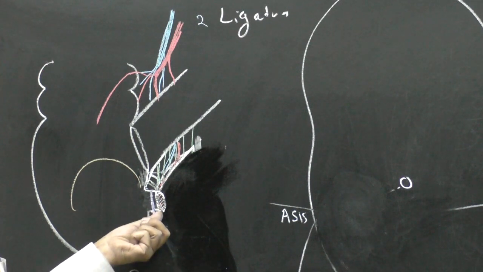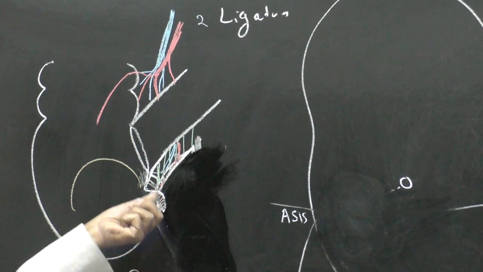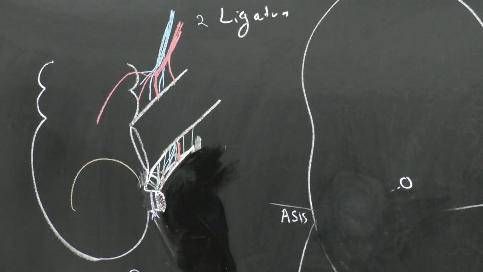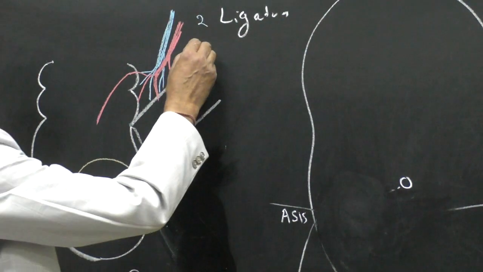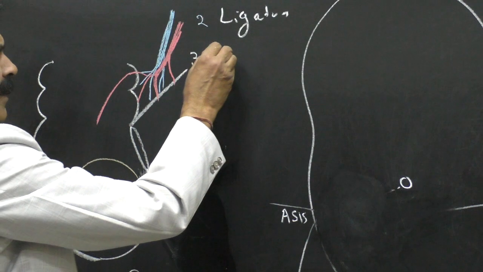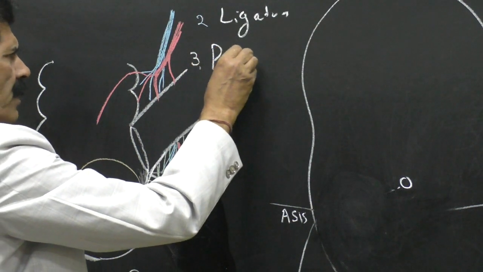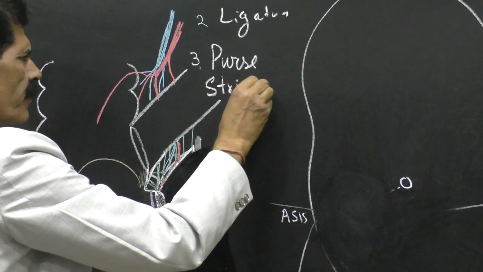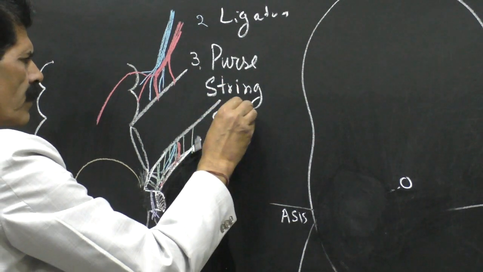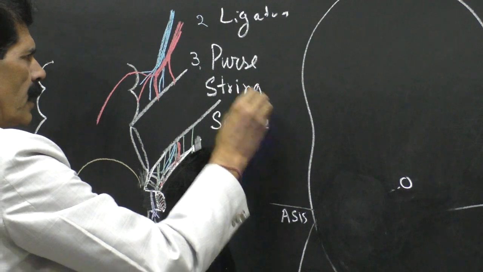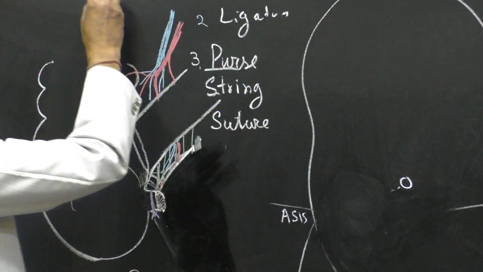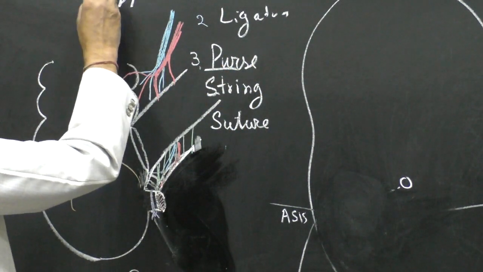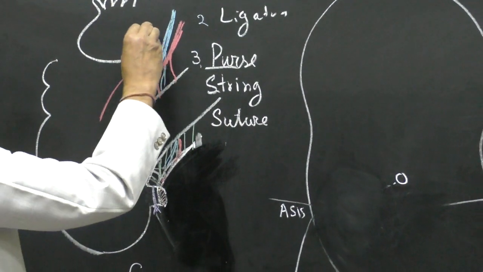So this stump has to be buried, and in order to do this, a special technique is used, called the purse string suture. The purse string suture resembles the money bag of grannies.